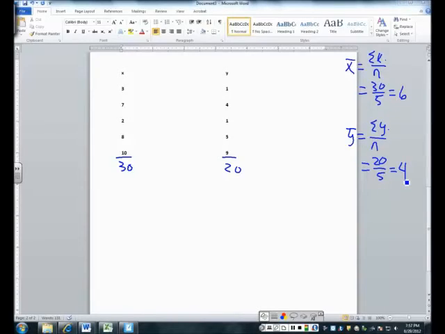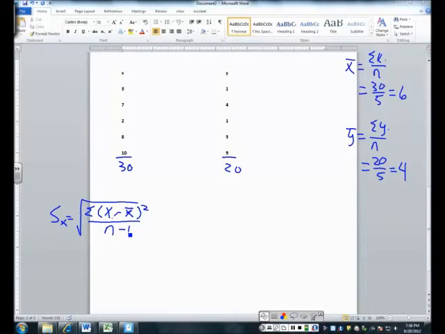We want to compute next the sample standard deviations. Before we can do that, I'm going to go ahead and write the formulas down here. The standard deviation for the x's is going to equal the square root of the sum of the squared deviations, the sum of the x sub i minus x bar squared, divided by n minus 1.